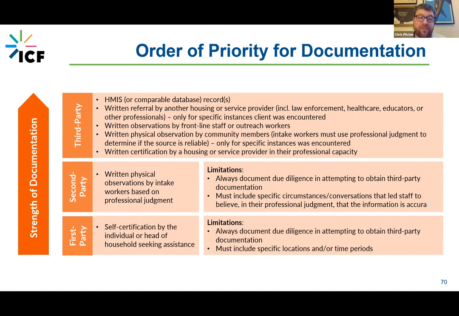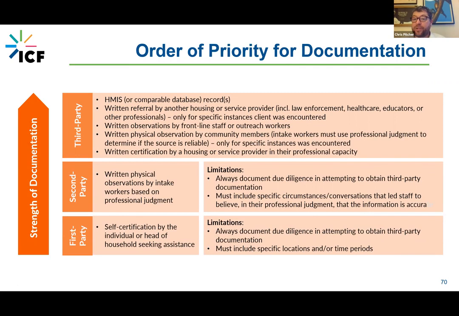Our strongest strength of documentation is third party. And this can come from HMIS if we know the person's homeless because we see them in HMIS and they've experienced homelessness several times at other partners, maybe on the street, or we can also see the same thing from a comparable database used by domestic violence programs. Maybe it's a written referral from another service provider in our community.